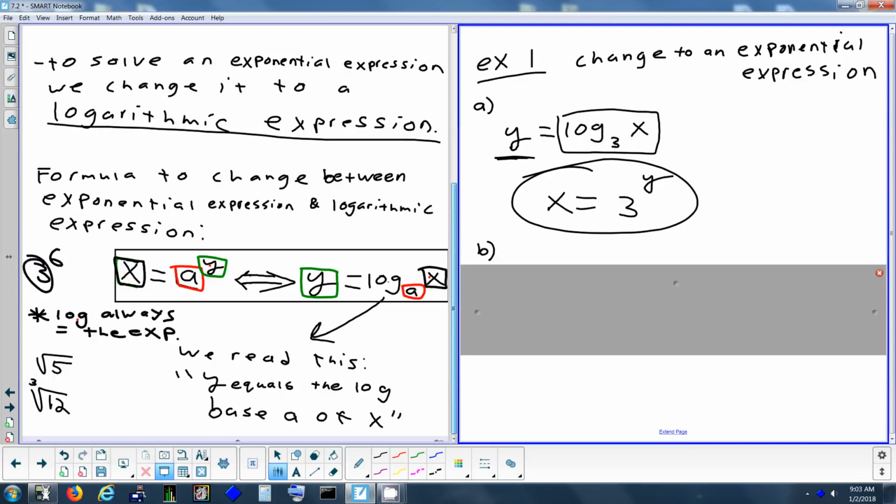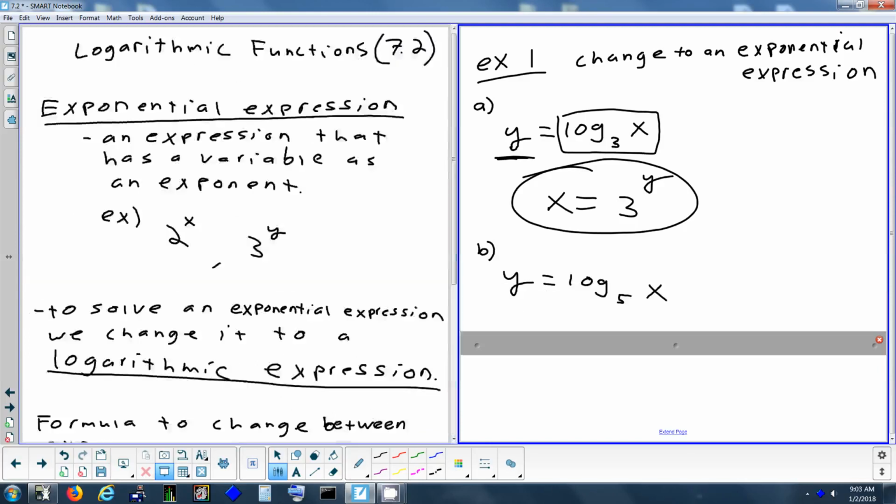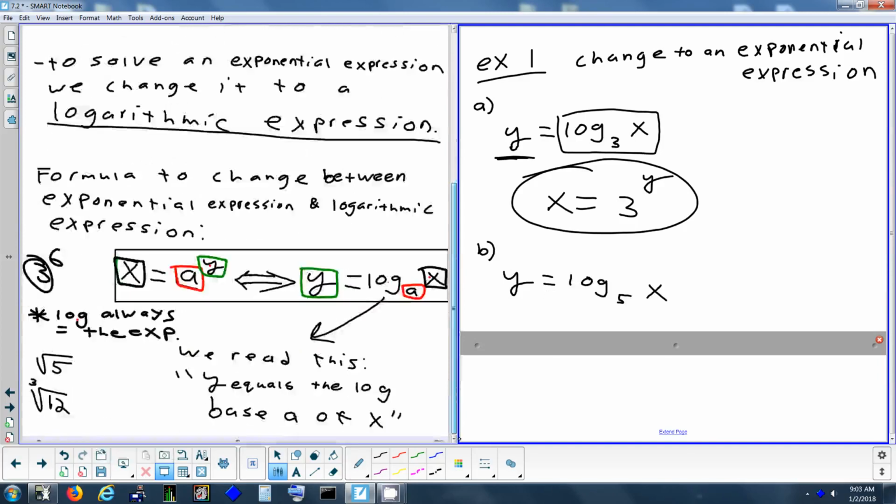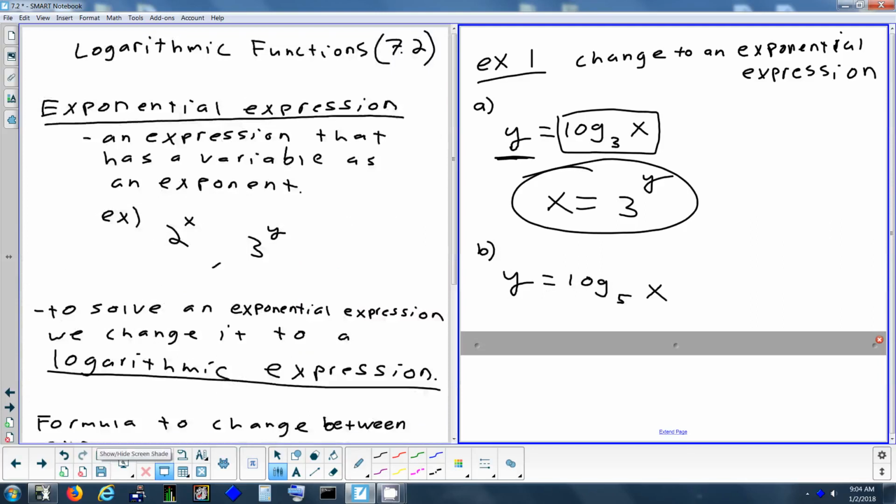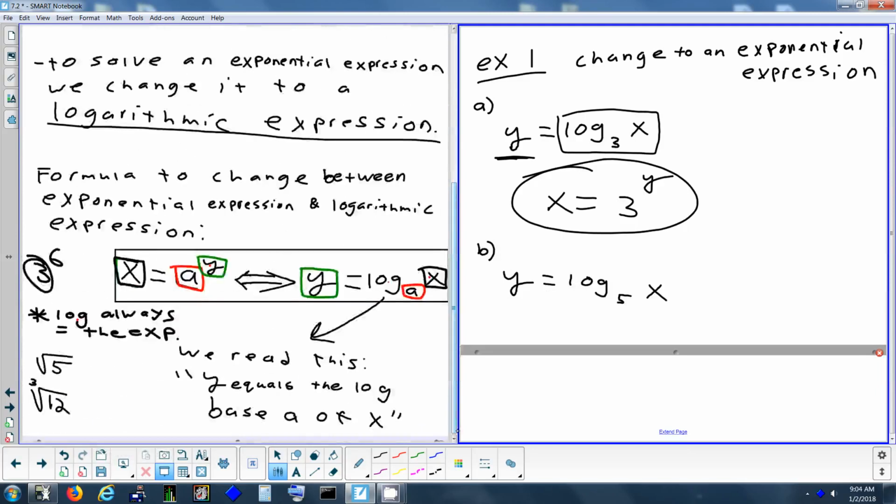Okay, let's try this one. So it says y equals log base 5 of x. Okay, Ashlyn, what's my base here? The base is 5. Yeah, so the base, it's always the number that's lower than everything else. We're going to plug that in as our base.